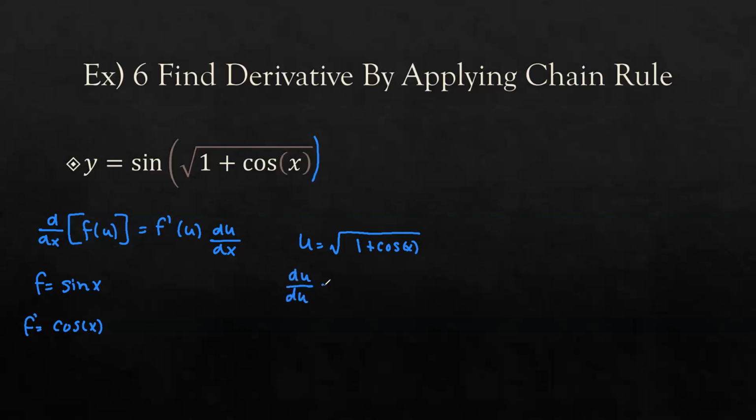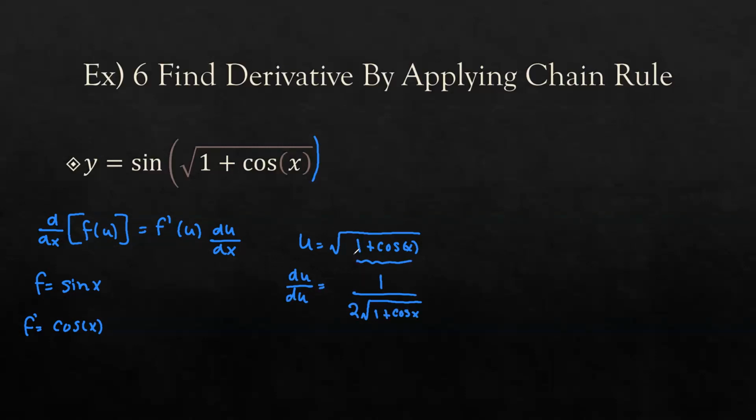So how do you take the derivative of u? Basically, you take the chain rule again. For the square root of 1 plus cosine x, take the derivative of the radical, the square root. That's 1 over 2, and then your x is this whole thing, right? So all I did was take the derivative of this.